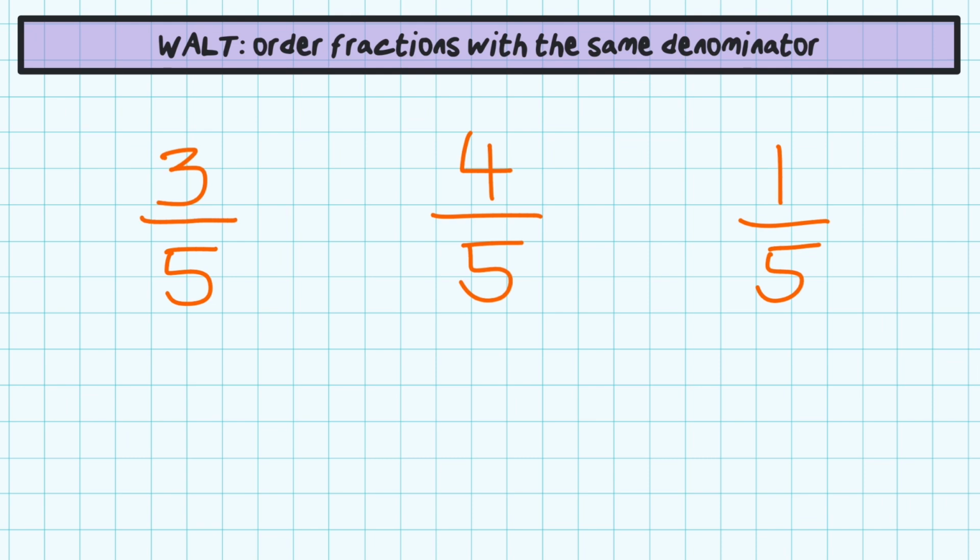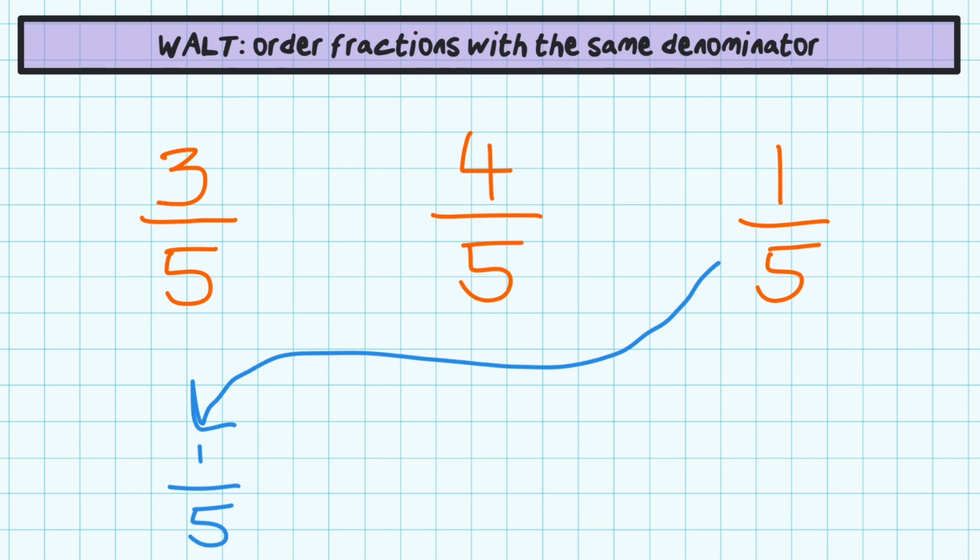And think about which fraction will be the smallest. Now, if we're thinking about the smallest fraction, 1/5 is going to be our smallest. It's only got 1 piece out of 5 coloured in.